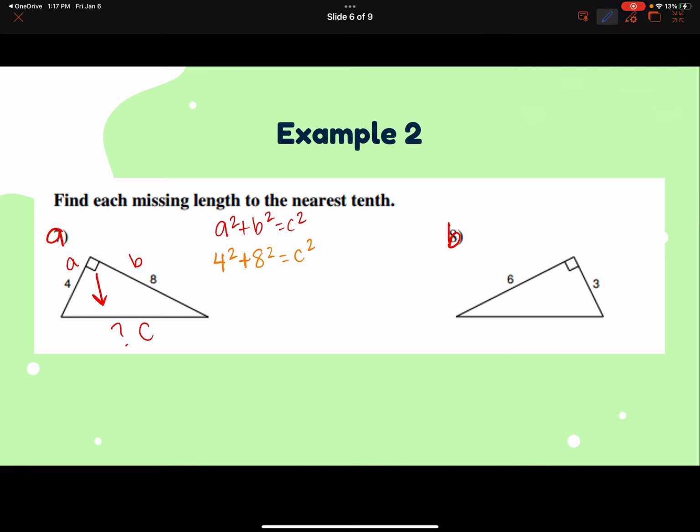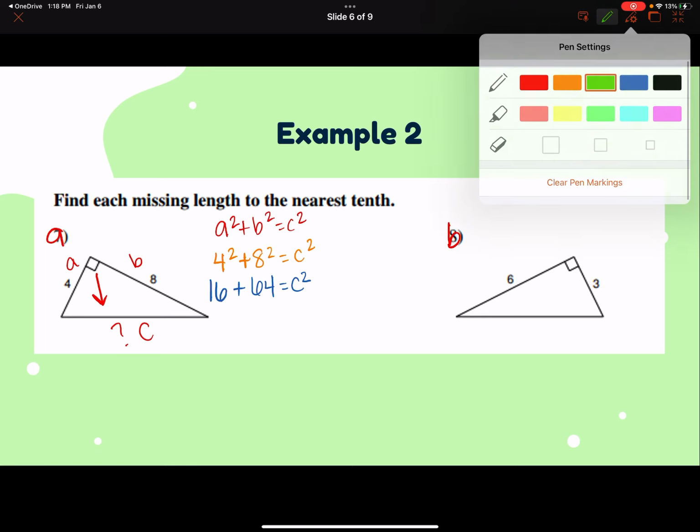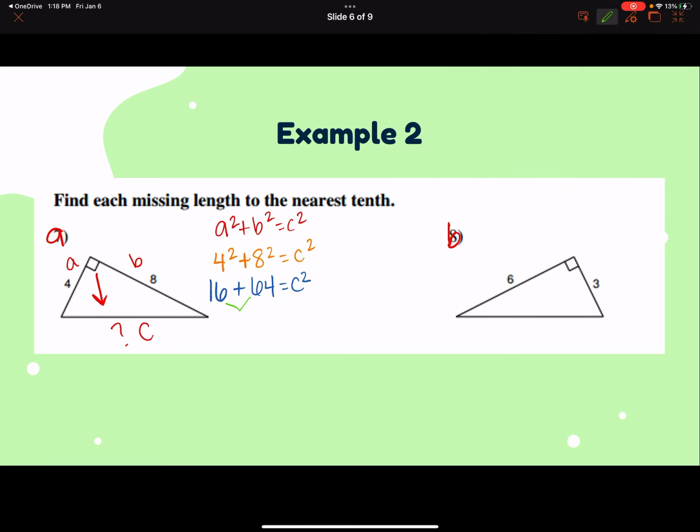Okay, 4 squared is 16. 8 squared is 64. And c squared is going to stay c squared because I don't know what that is yet. I can go ahead and add those things together. 16 plus 64, that is 80.